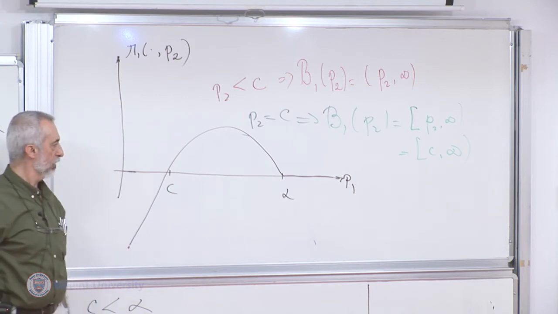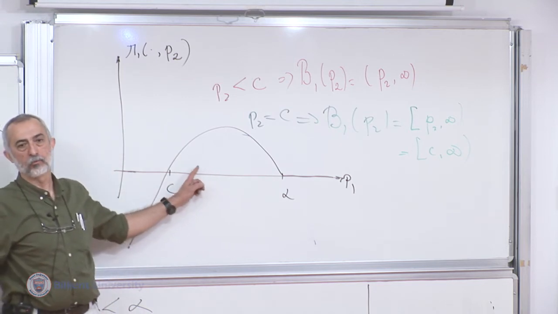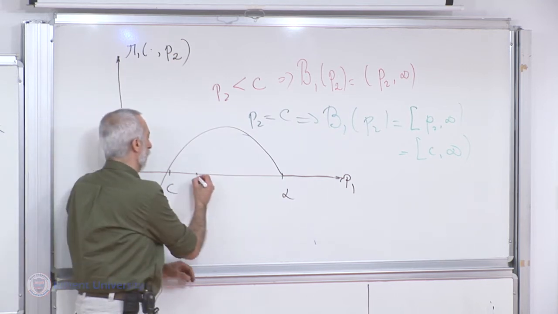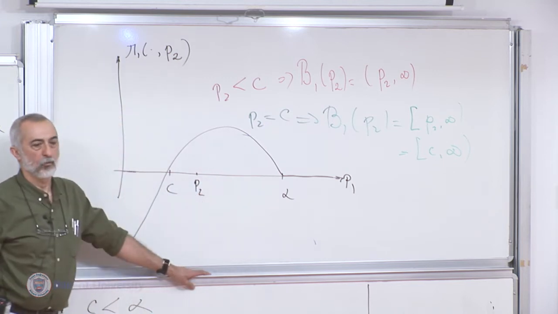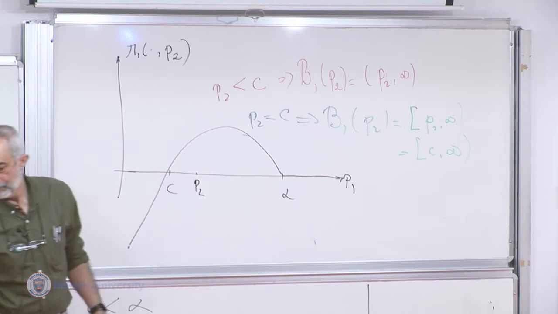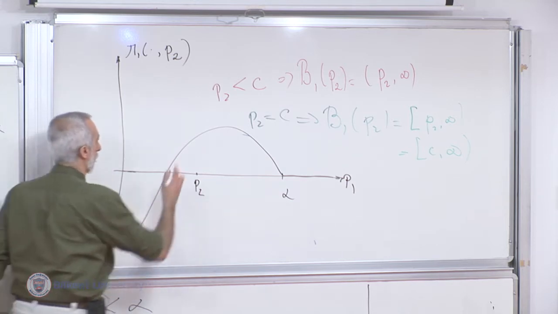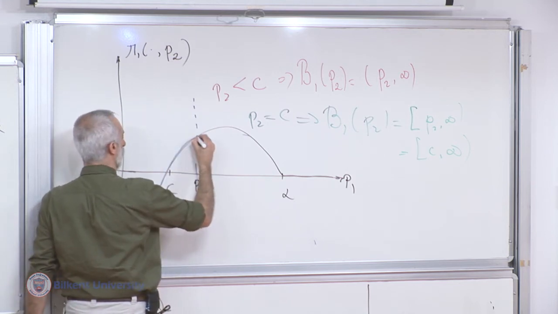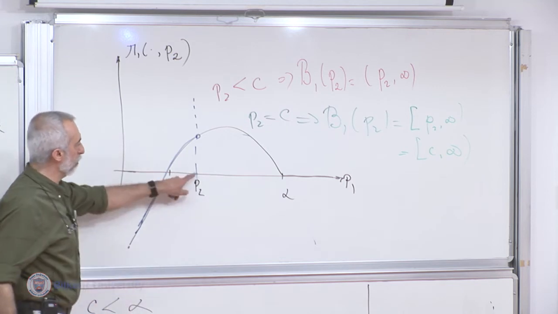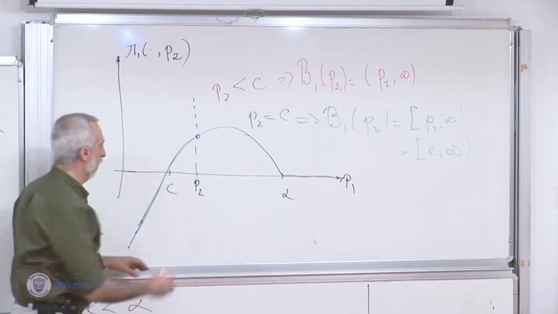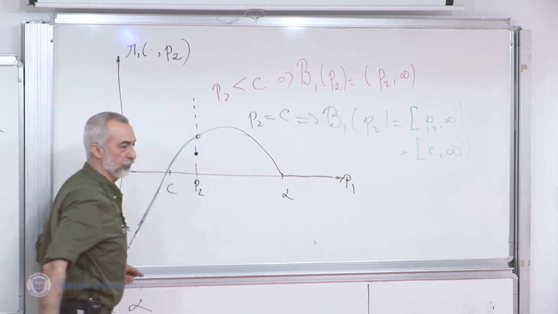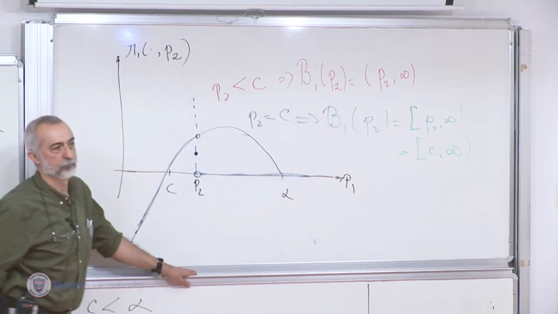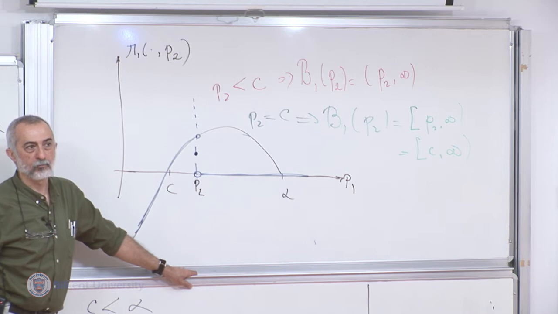So where do you want me to put P2? I'll move and you tell me to stop. Stop. So if P2 is here, what does the function look like? In this region, it behaves like this parabola. It comes up here. And then when P1 is equal to P2, what happens? Half, it drops down here. And then from that point on, it's all 0. Okay? So far, so good?